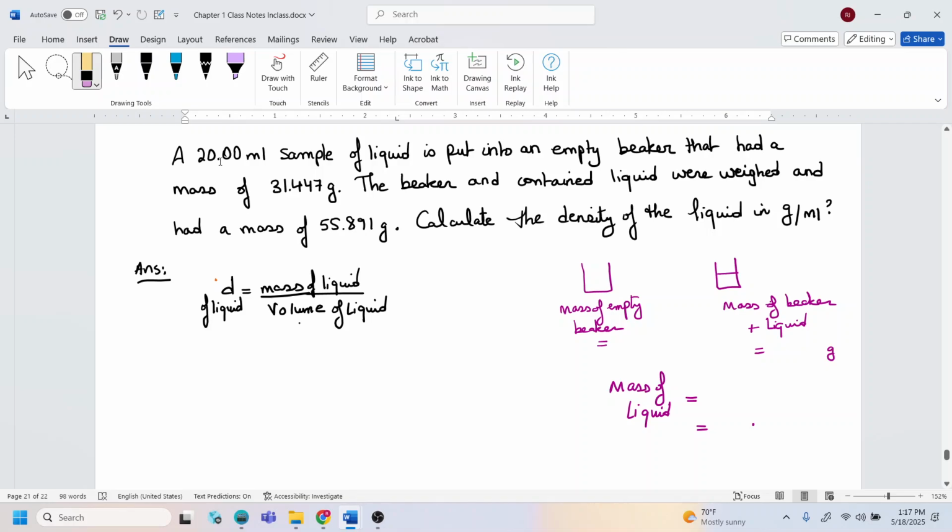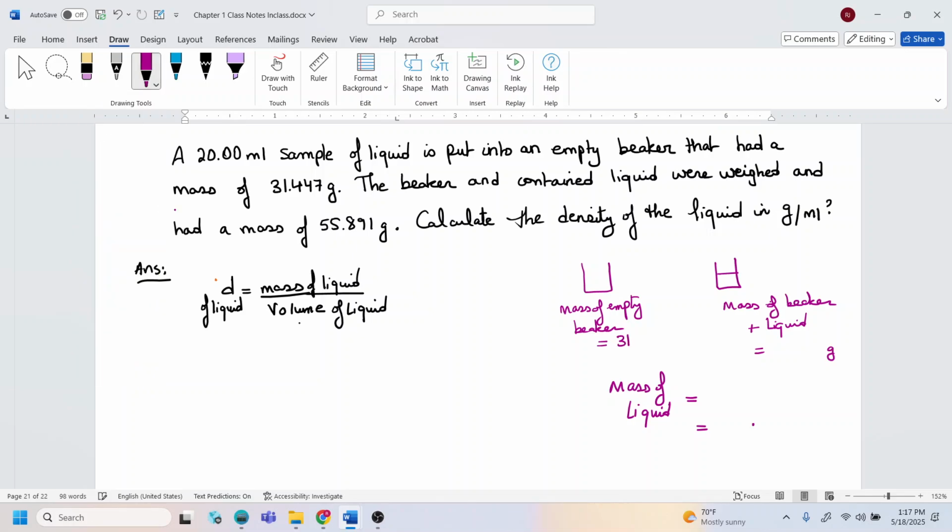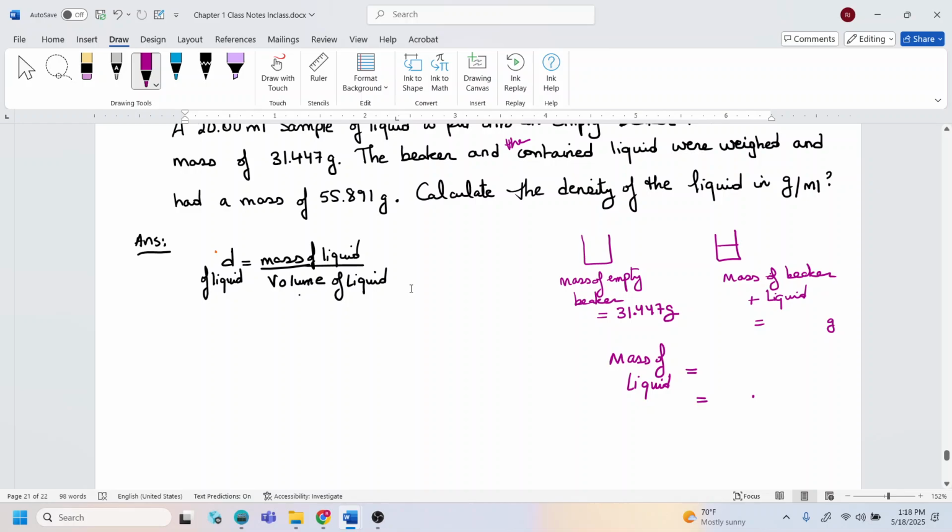Okay, so here we have a 20.0 mL liquid sample put into an empty beaker that had this mass. The empty beaker has a mass of 31.447 grams. The beaker and the contained liquid were weighed and had a mass of 55.891 grams.